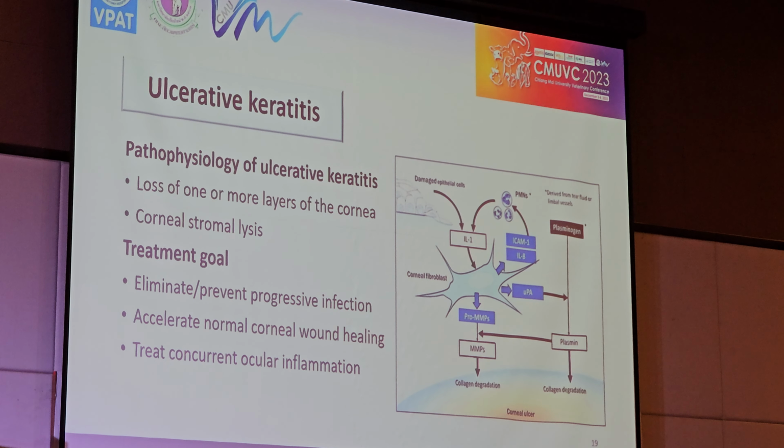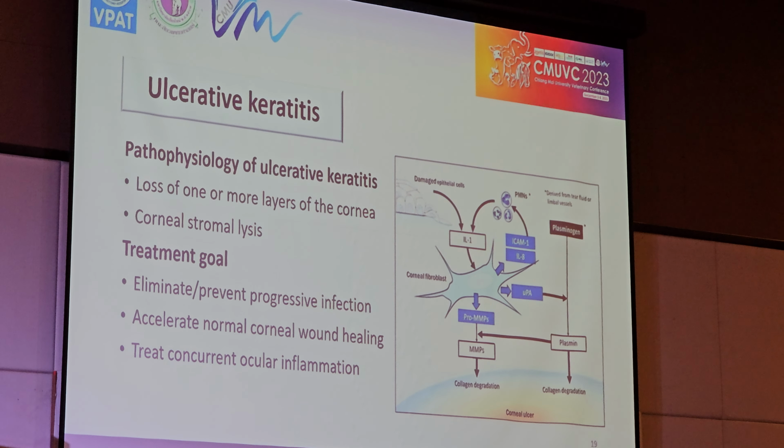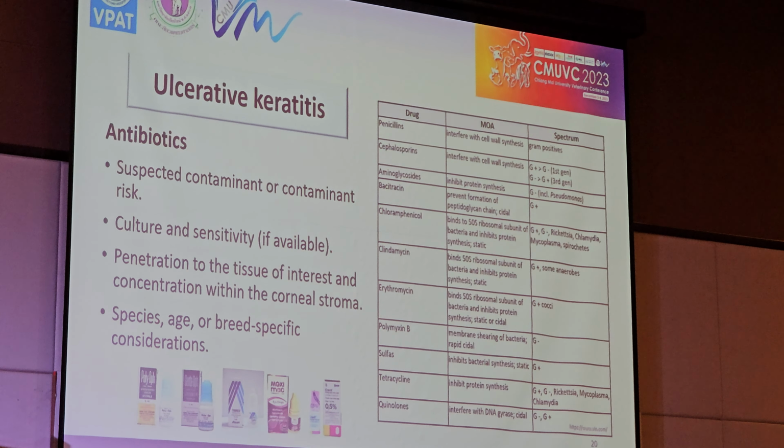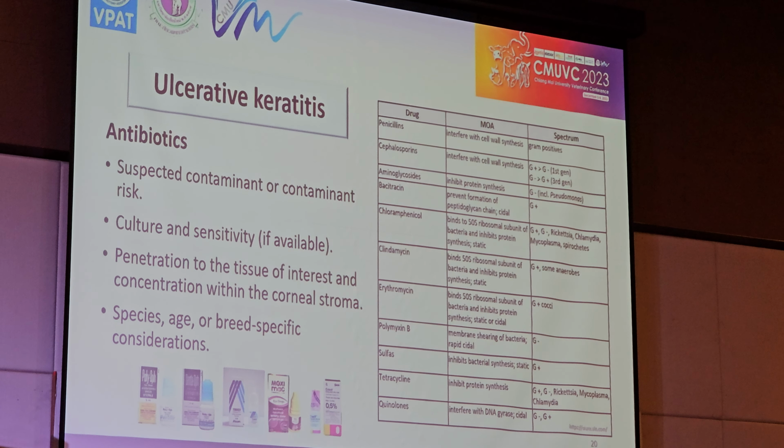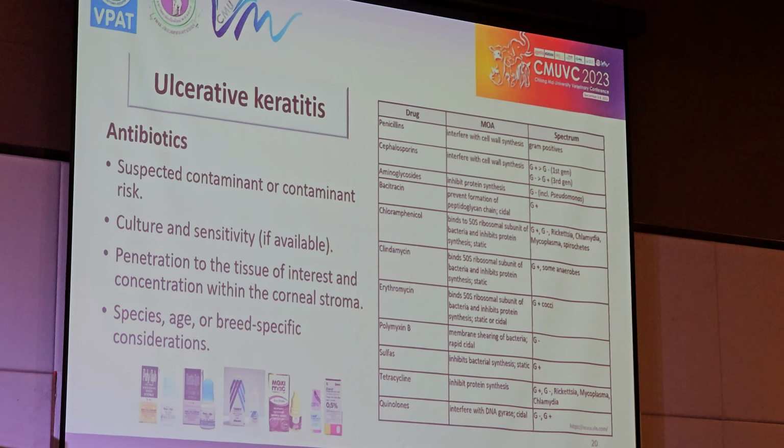The treatment goal of the corneal ulcer is to eliminate or prevent the infection, accelerate normal corneal wound healing, and treat ocular inflammation. So the first drug most of us consider in corneal ulcer treatment is the antibiotic, right?